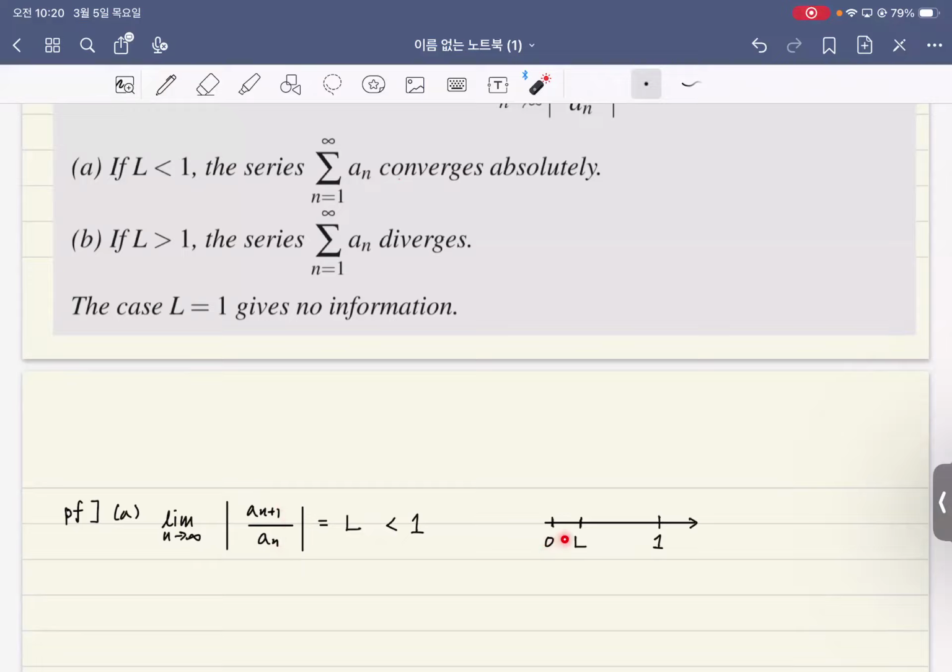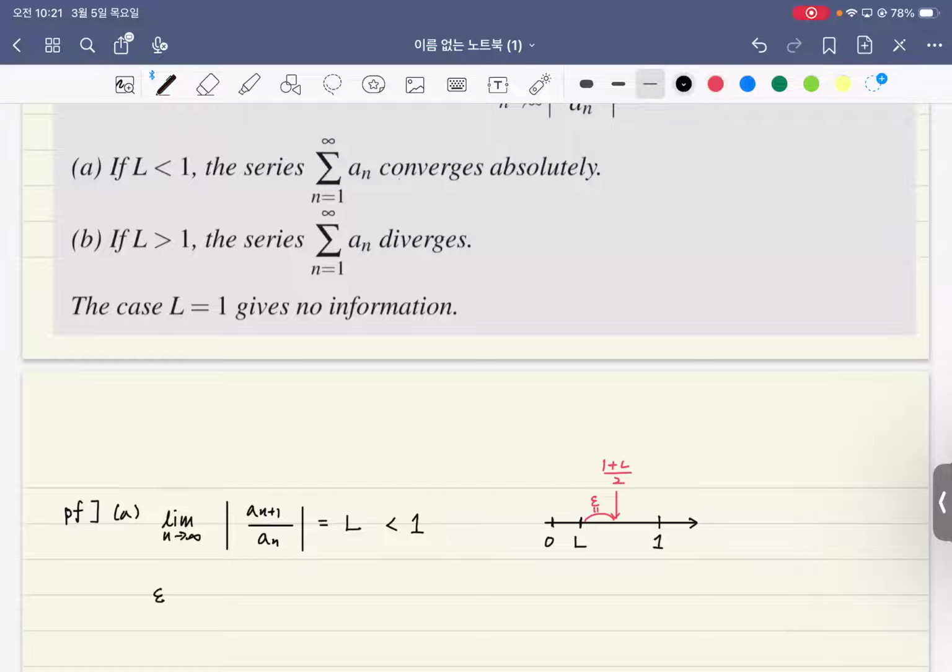And let me just choose some random point between L and 1. For simplicity, I'll choose just the midpoint, which is (1 plus L) over 2. So this is the midpoint between these two points, right? This distance from L to this midpoint, I'm going to choose to be my epsilon.